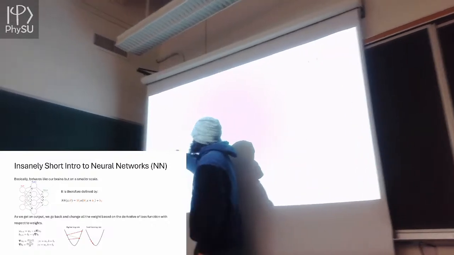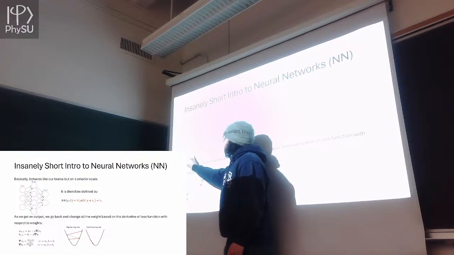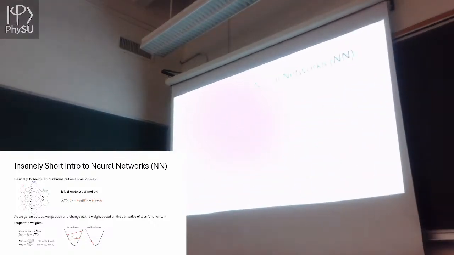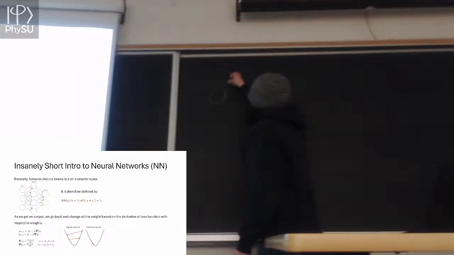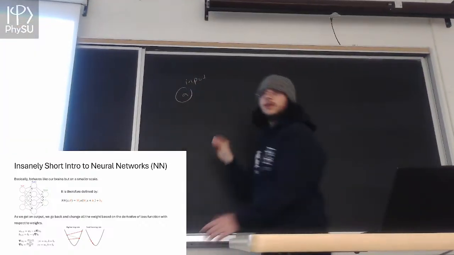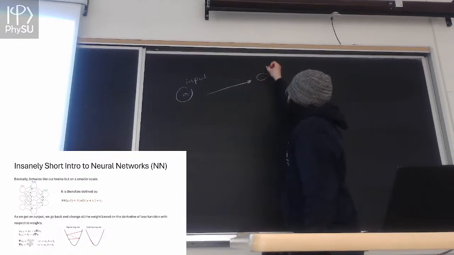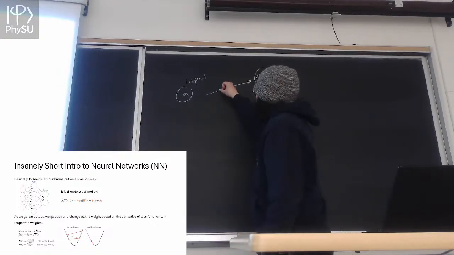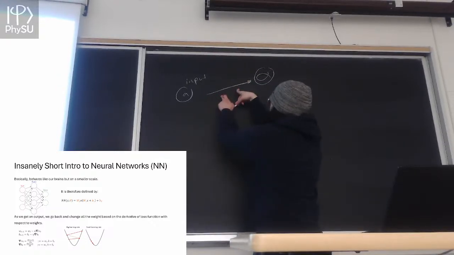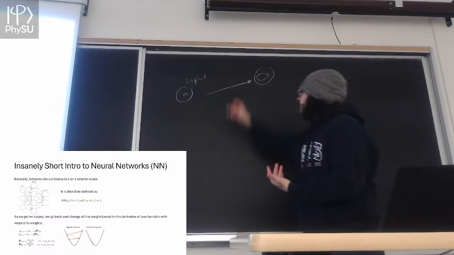So we give some input values into the input layer, and then these weights. For each of those inputs, let's say we input A, and we want to achieve the next value in this layer. Each of these connections has a weight.